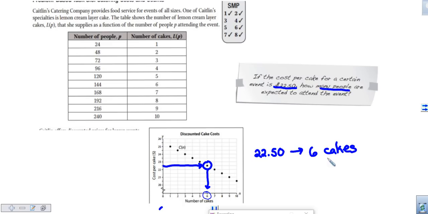So if we know there's 6 cakes, we go backwards, there's going to be 144 people. Because remember, inverse means we just work backwards. The way this started out was it started with number of people, got the number of cakes, got the cost per cake, and then we went backwards.